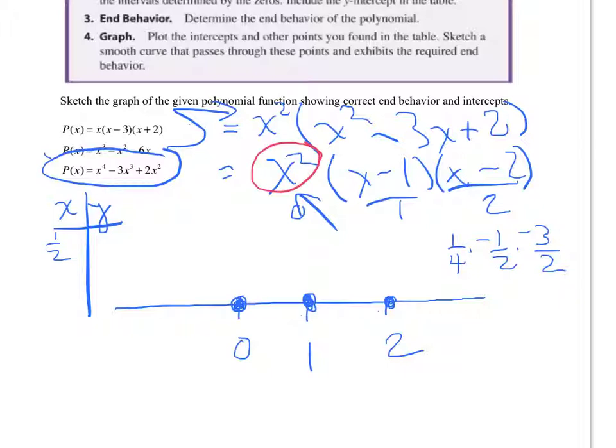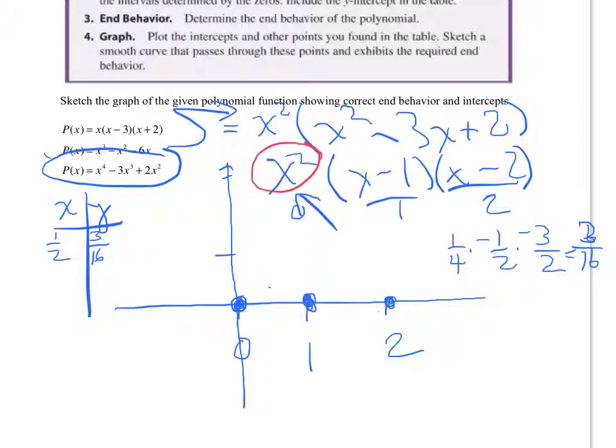So I believe this is correct. So I get +3 over 16. The point is that it's positive. It's not real high up, but it's a positive value. So at 1/2, it's like maybe about this high.